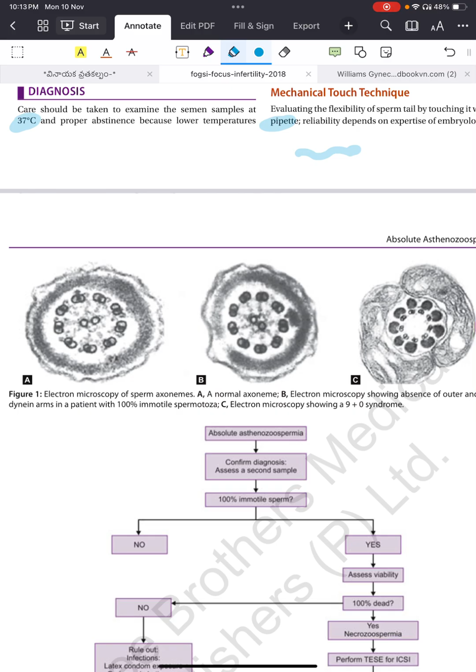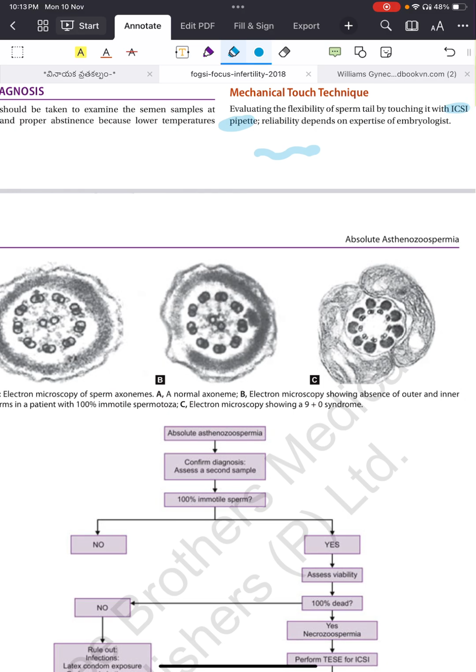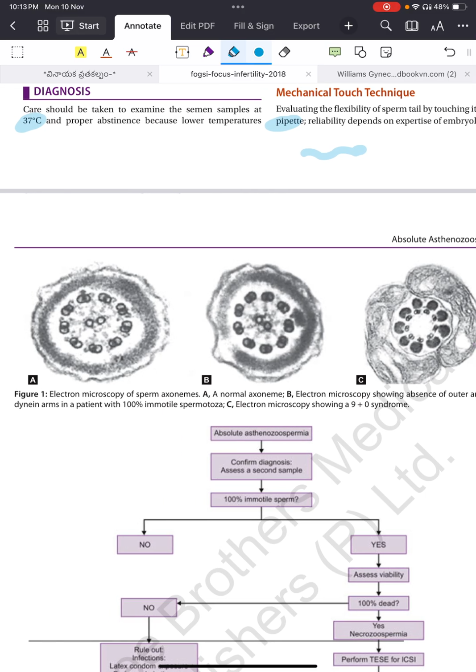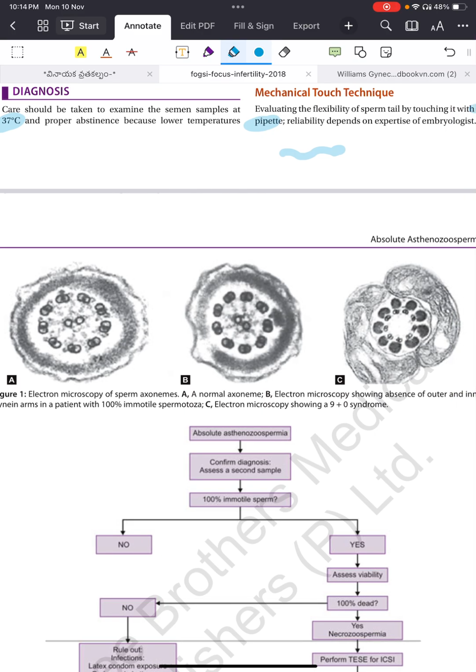If you see the second picture, the electron microscope shows absence of the outer and inner dynein arms, which means 100% immotile spermatozoa. The last picture is showing 9 plus 0 syndrome, where there is absence of the central axoneme itself.